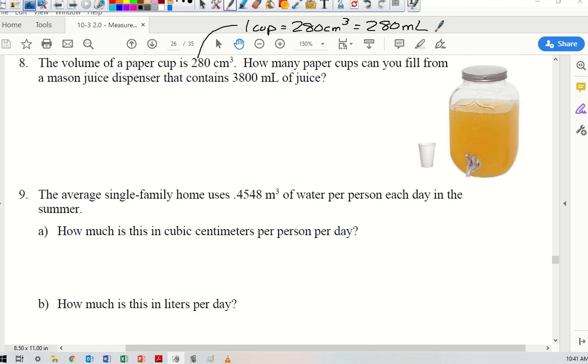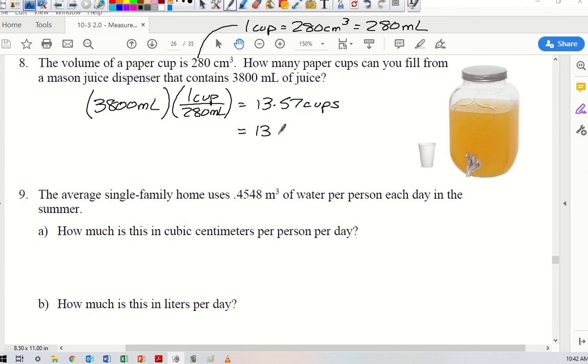So if we have 1 cup is 280 milliliters and we have 3,800 mils of juice, you can figure out how many cups it takes. Do your conversion there, and you find it gives you 13.57 cups. But because it doesn't fill that 14th cup all the way, your answer would be 13 cups.